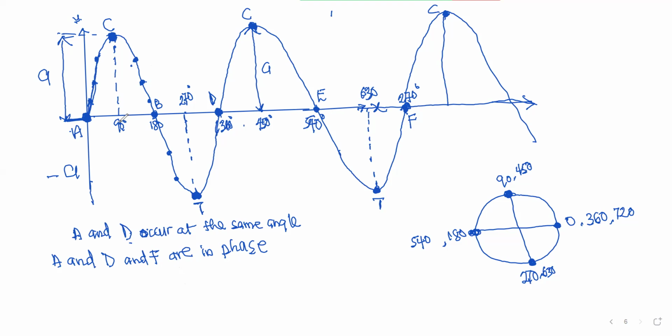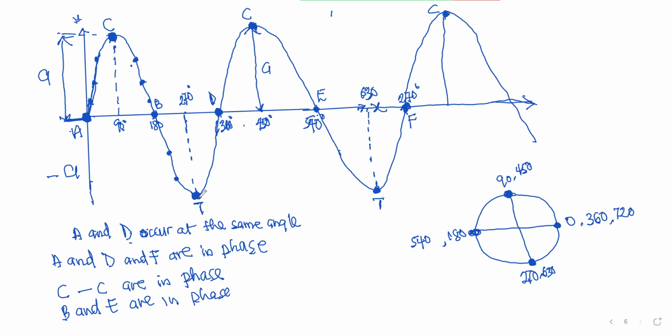Points 90 and 450 are also in phase. So they occur at the same angle. So C and C are in phase. They occur at the same angle. Then 180 and 540, so B and E are also in phase.